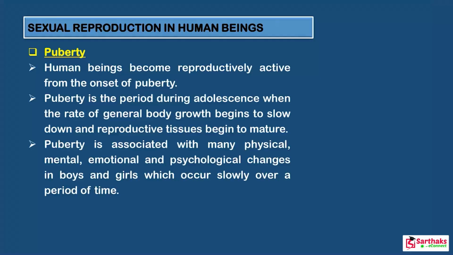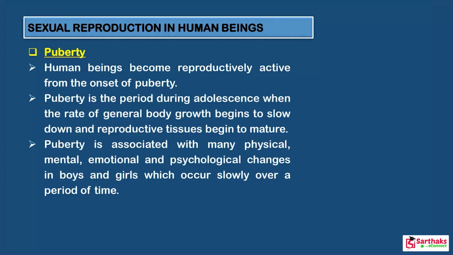Actually, students, this starts at a particular age, in male as in female. At a particular age, male and female are able to produce gametes, not just after their birth. When they become sexually mature, this is known as puberty.